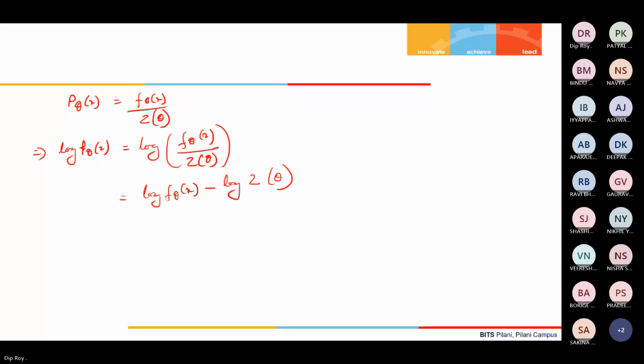So now, what does the left-hand side represent?